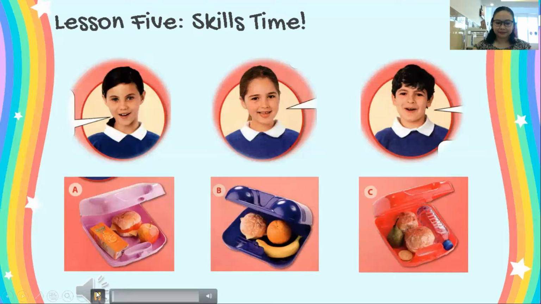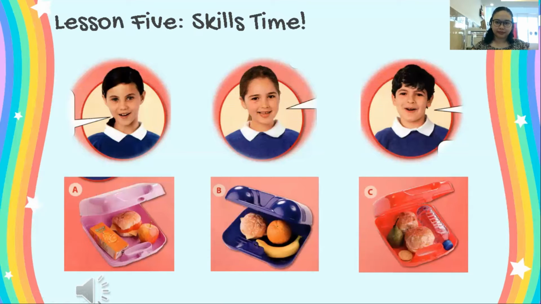Listening 109. Listen and read. In my lunchbox, I have a cheese sandwich and a banana. I have an orange. I don't have a cookie. I don't have a drink today. In my lunchbox, I have a cheese and tomato sandwich.